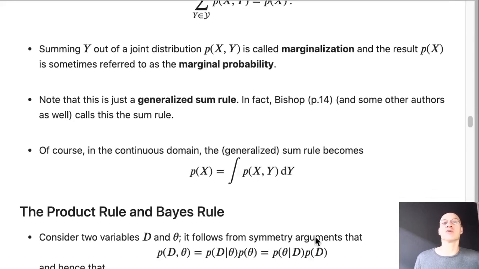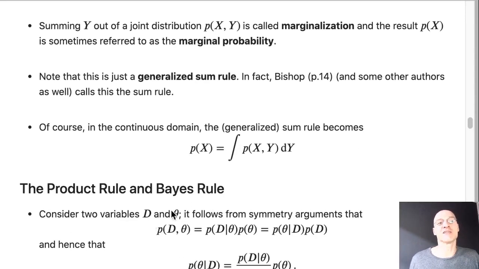There is another rule, the product rule, with which we can do something interesting. Now I'm going to talk about two variables here, d and theta, but it could be a and b or x and y. If I have a joint distribution, p(d, theta), I can write the product rule, of course, as p(d given theta) times p(theta), or I can write it as p(theta given d) times the probability of d.